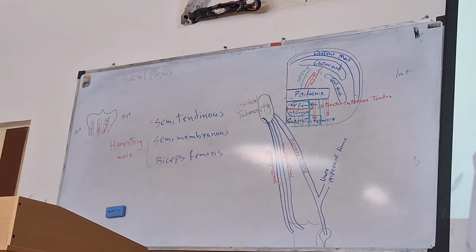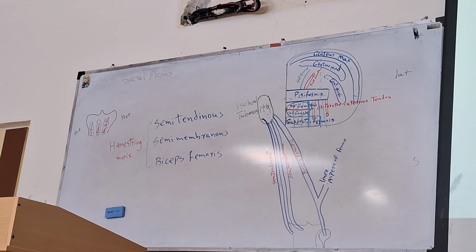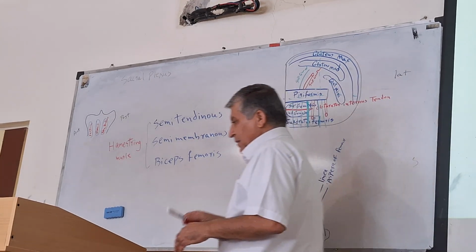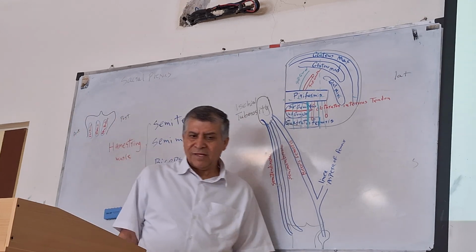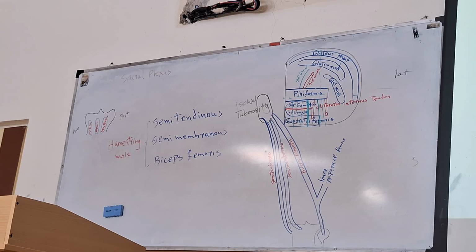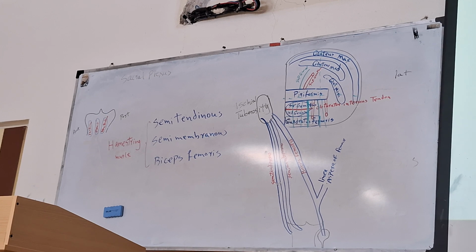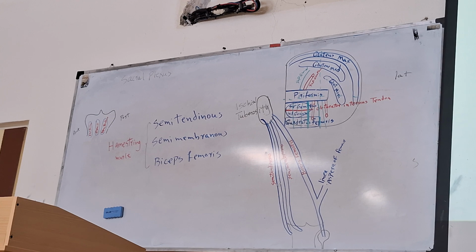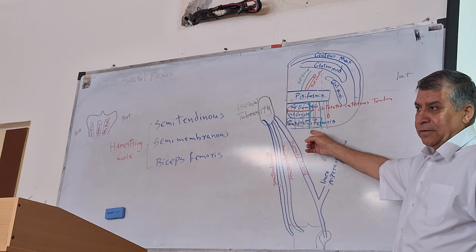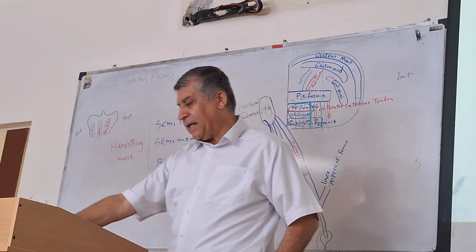Semitendinosus, semimembranosus and biceps together are called the hamstring muscles. All of them originate from the ischial tuberosity. Semimembranosus inserts on the posterior surface of the tibia, and semitendinosus on the medial surface.